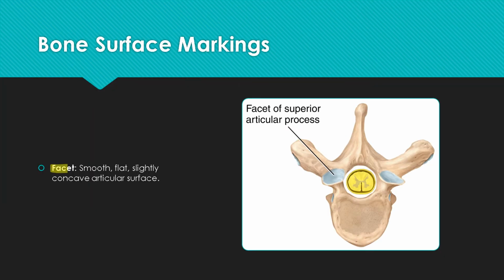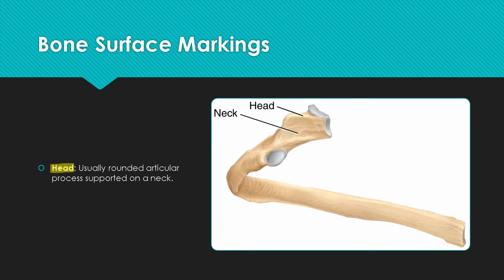Here we have a facet, which is the second process that forms joints. A facet is a smooth, flat, and slightly concave articular surface that you can see very well here within the vertebrae. So here we have the facet of the superior articular process in a typical vertebrae. These are usually going to be articulation points for other bones. And then the head.